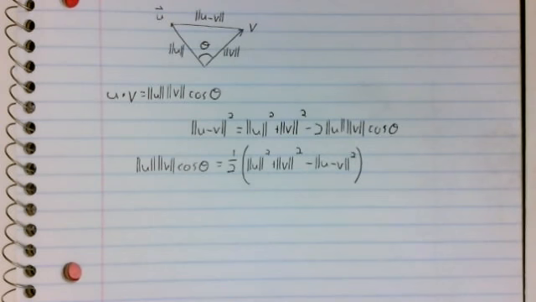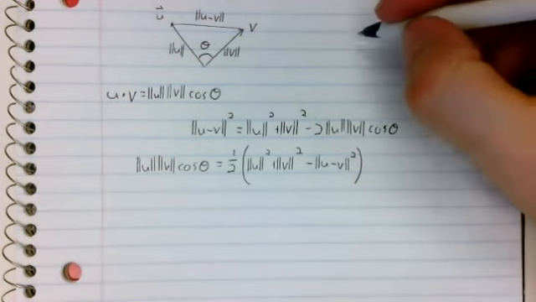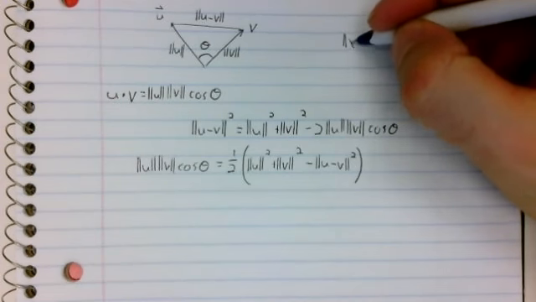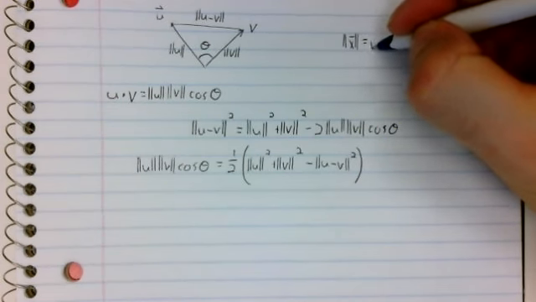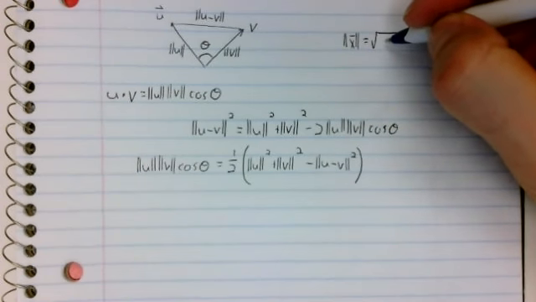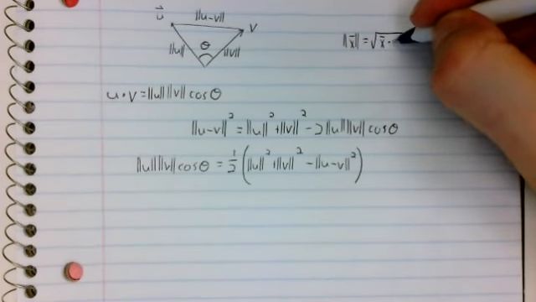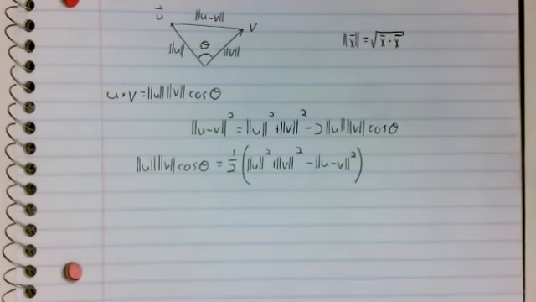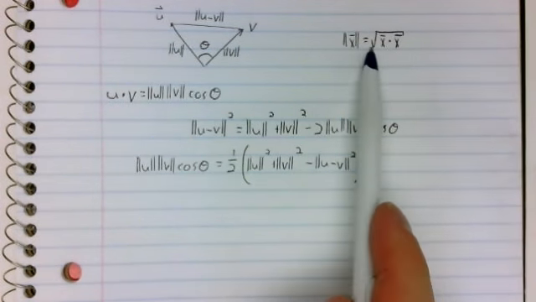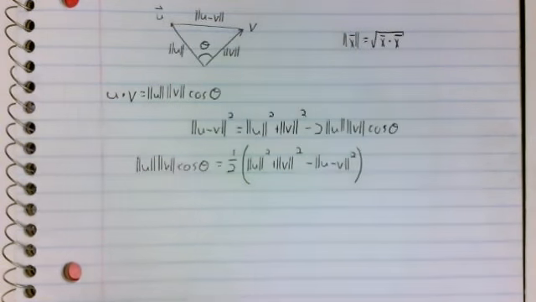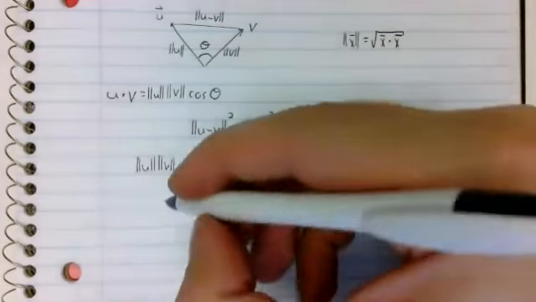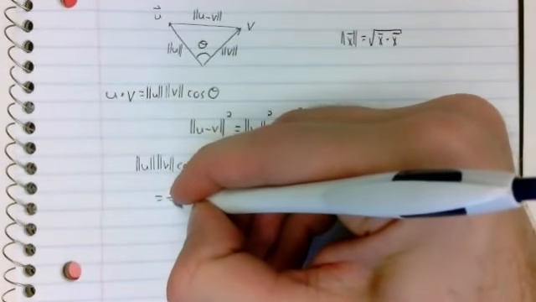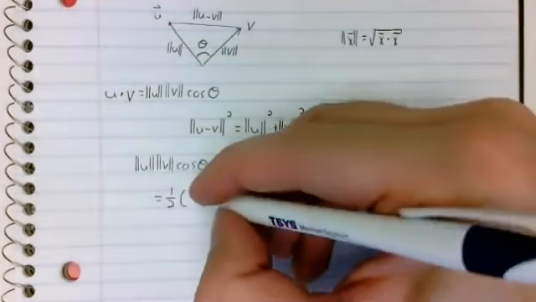And the key observation here is that because a norm is a square root of a dot product, these norms, when you square them, are going to simplify. The square will remove the square root and just leave you with the dot products.